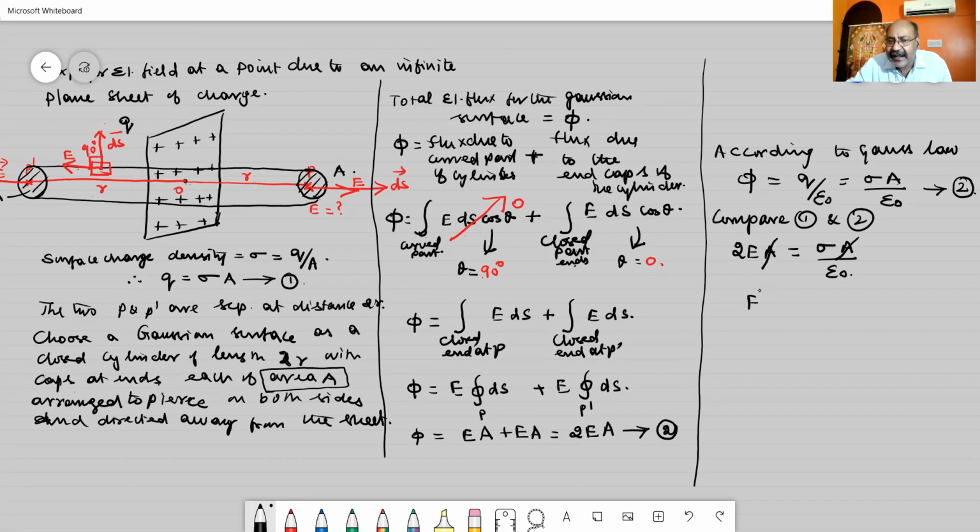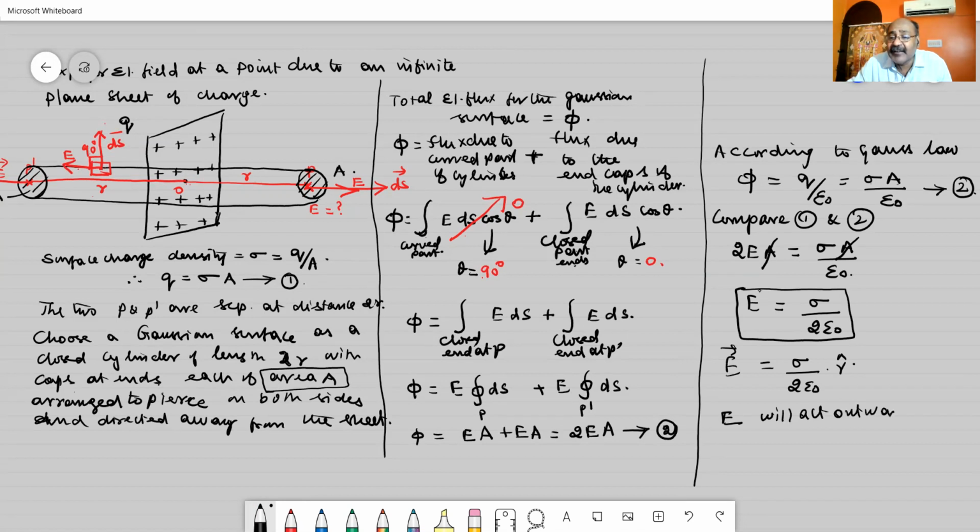I will get the electrical field E equal to sigma divided by 2 epsilon 0. If it is the E vector, then I can say E vector equals sigma divided by 2 epsilon 0 into R cap. This electrical field E will act outwards when the charge in the plane sheet is positive.